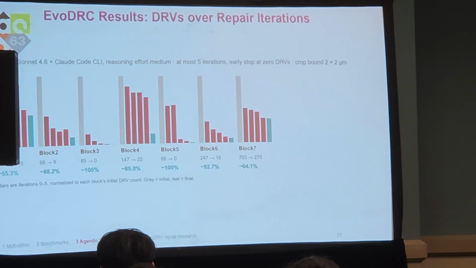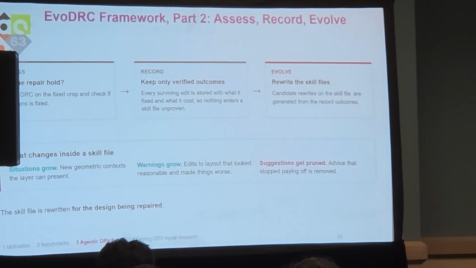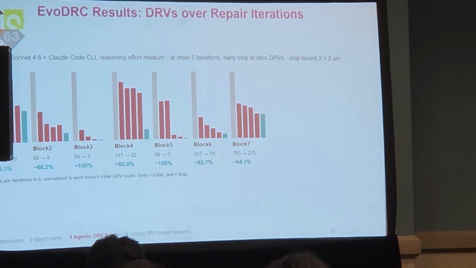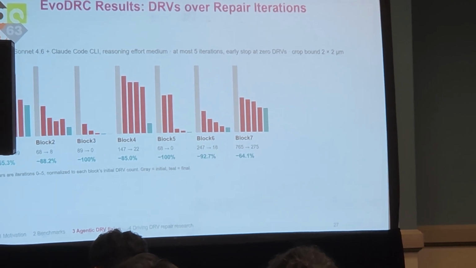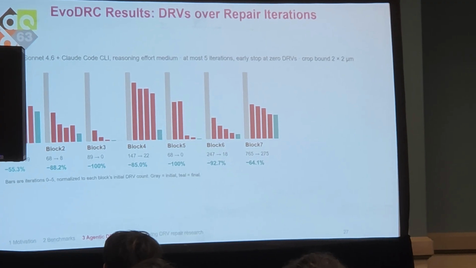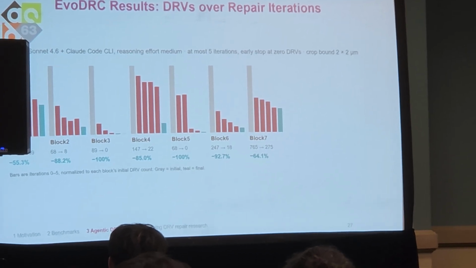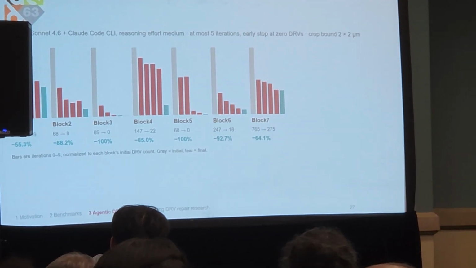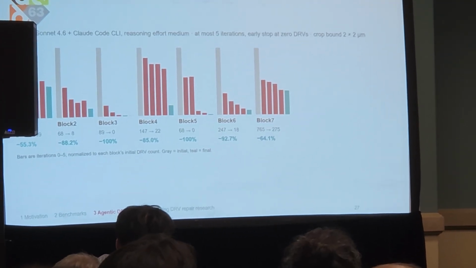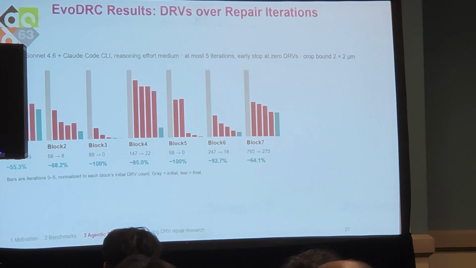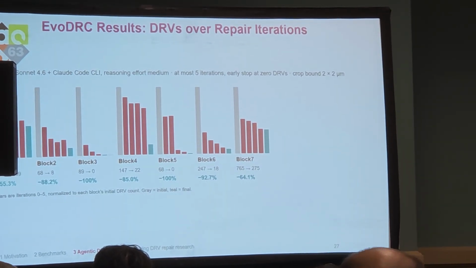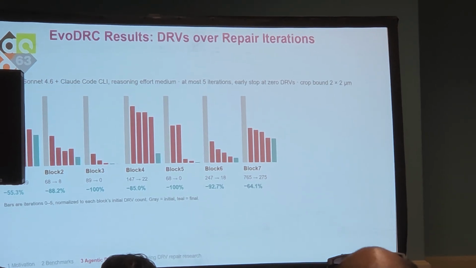So using this approach, I'll present a few results. These results show repair results on the block level test cases of the benchmark I presented earlier. This has 7 blocks. What each bar shows is the DRV count normalized to the initial number of DRVs present, at each iteration, and we've performed 5 iterations of this Evo DRC loop that I talked about earlier.